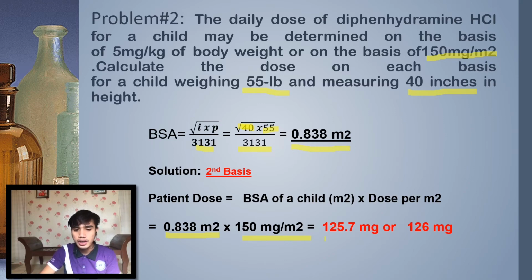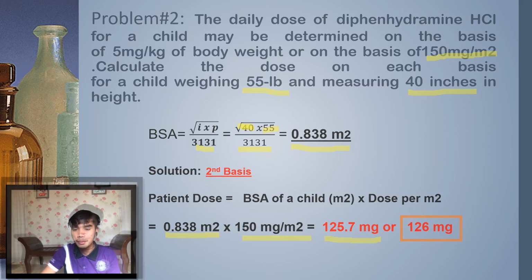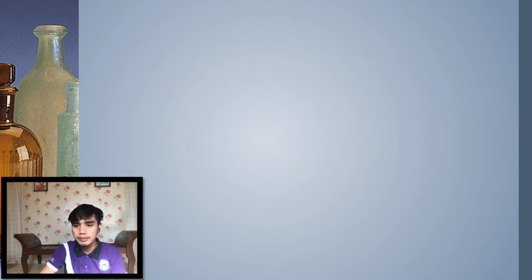So, here, the answer is 125.7 milligram, or that would be equal to 126 milligram. So that is the dose for the second basis. That's it. Now, let's proceed to problem number 3.